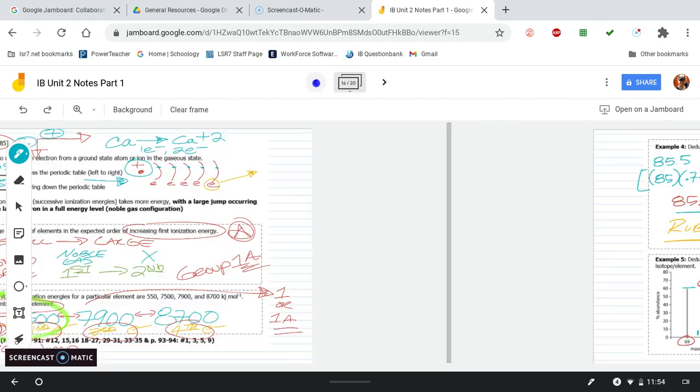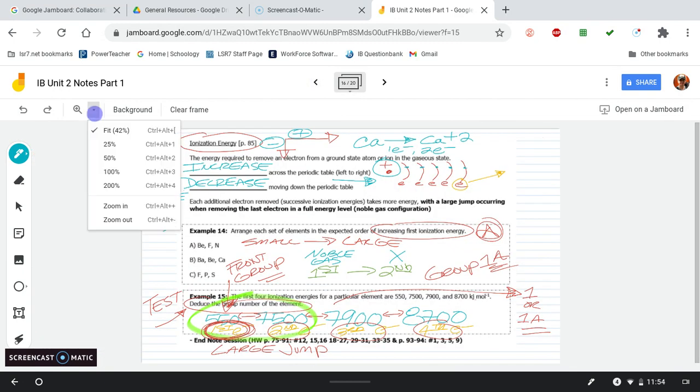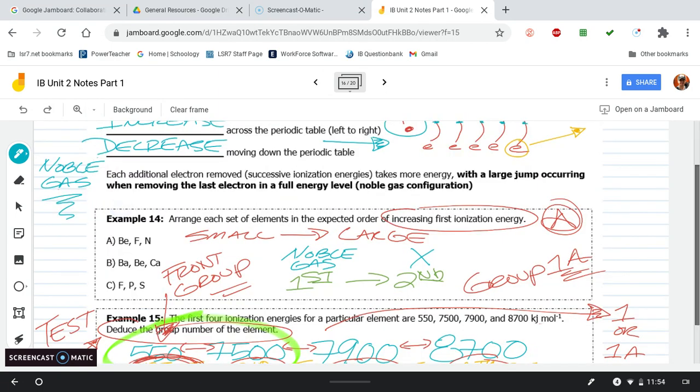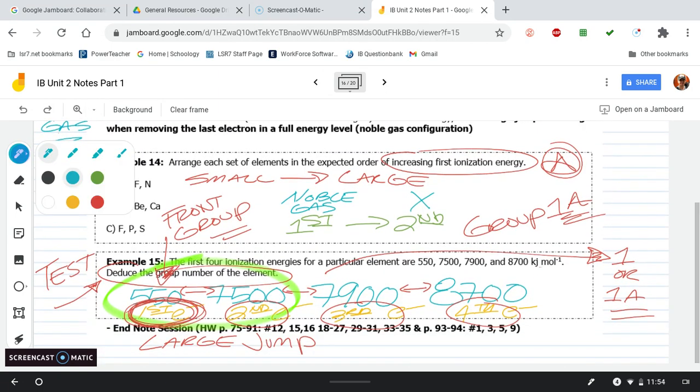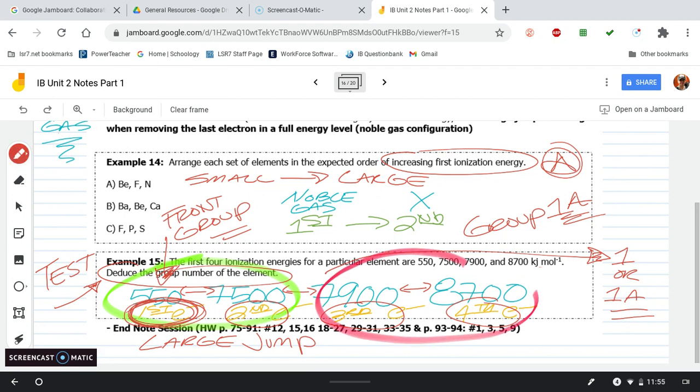So going back to this one again, if we would have had the jump, say, maybe the jump was here, maybe this was 18,700, right? Maybe that was 18,000. If the jump was here, it would have come from column 3, group 3. Okay. So anyway, some things to think about. You've got a homework session here now at the bottom, and so we'll be able to work through that.